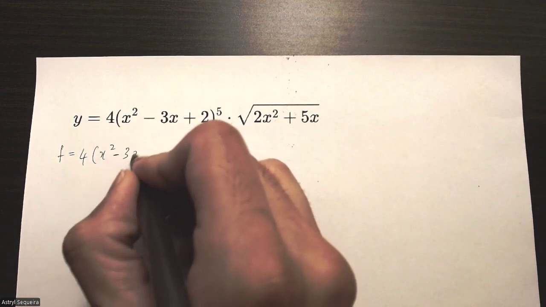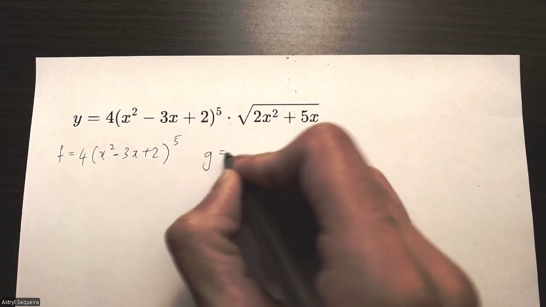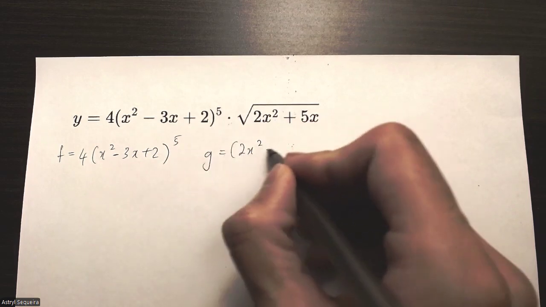squared minus 3x plus 2 to the power of 5, my first term. g equals 2x squared plus 5x.